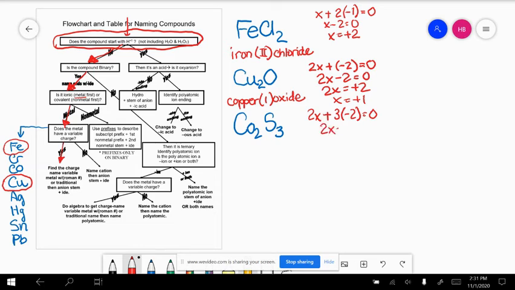So 2x minus 6 equals 0. So x in this case is +3. So this is cobalt(III) sulfide.